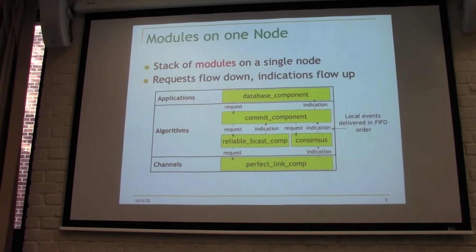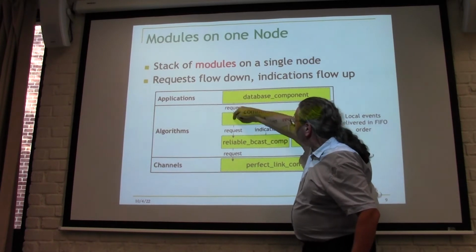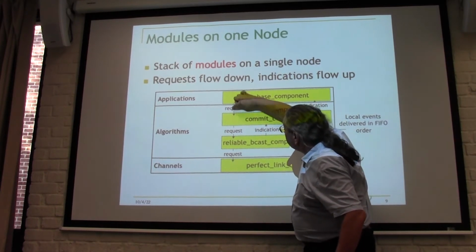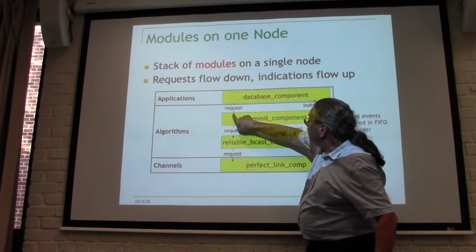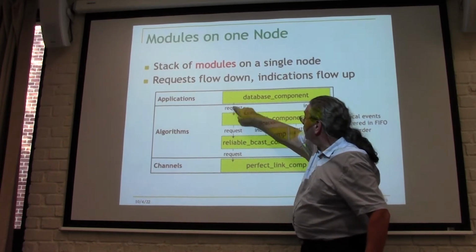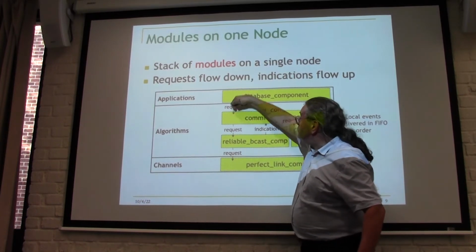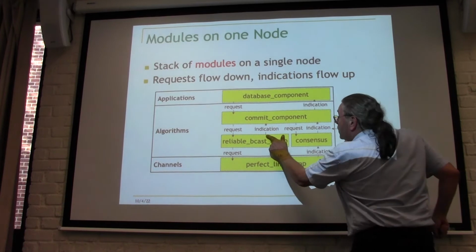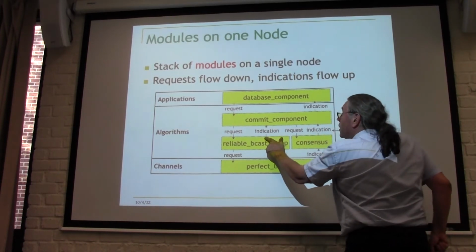So let me now go just back here. Look at this request. It's going down. Here, the beginning of this arrow is a send, so it's a trigger. The end of the arrow is upon event. So a request is a send and receive that goes down. But look at this indication. The beginning of the arrow is also a trigger. It's also a send.